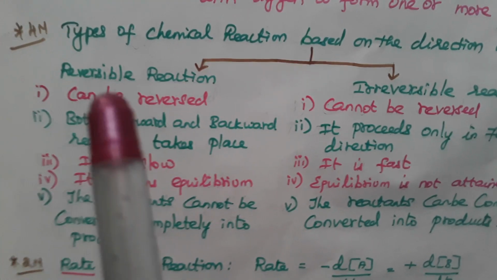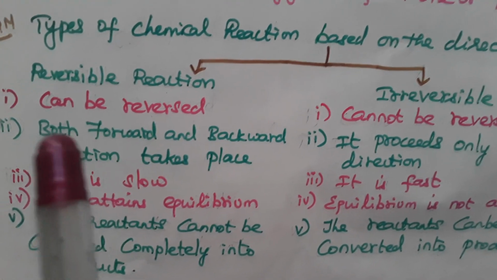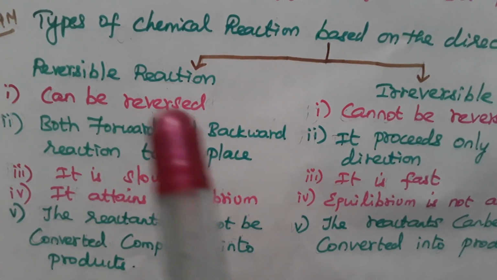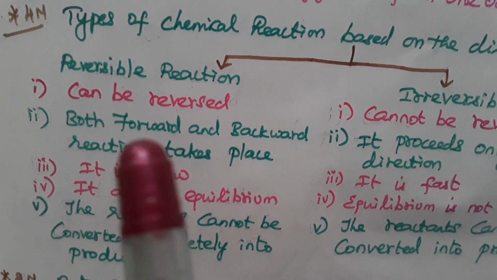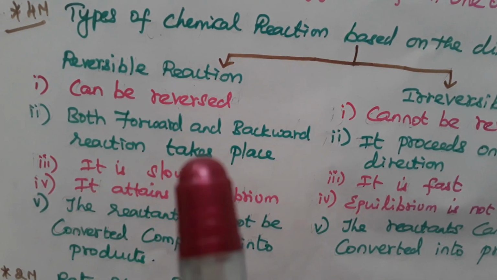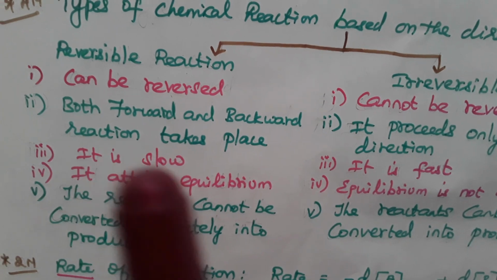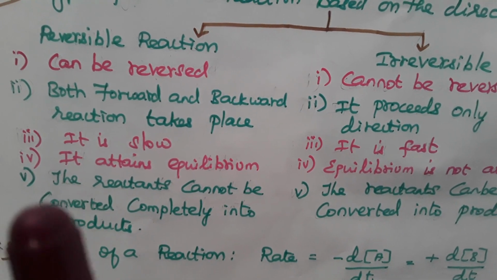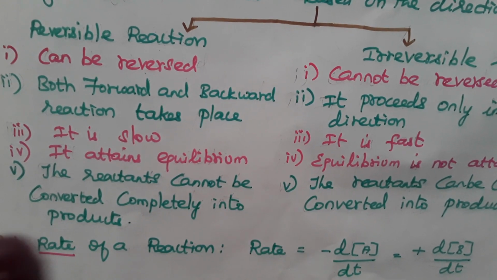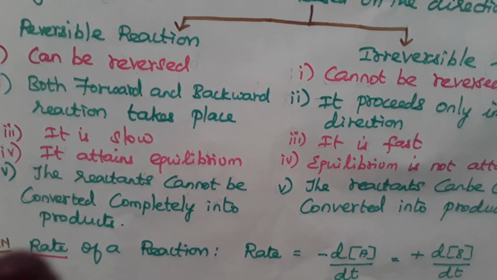Reversible reaction. What is reversible reaction? A reaction which can be reversed, where forward and backward reactions take place, and it is a slow reaction. It attains equilibrium. The reactants cannot be converted completely into products.